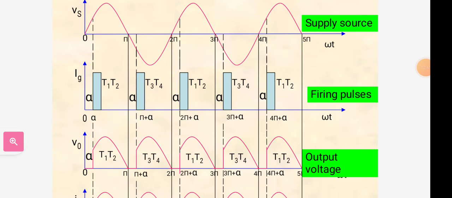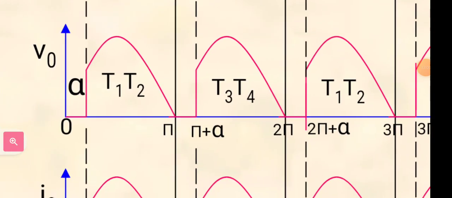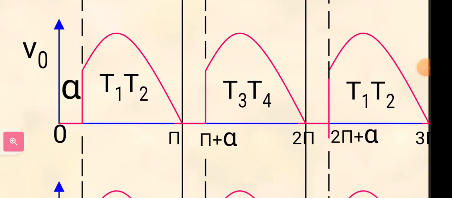The pulses will be applied at alpha, pi plus alpha, 2 pi plus alpha, 3 pi plus alpha and 4 pi plus alpha. And the output voltage: after some delay angle alpha, thyristors T1 and T2 will conduct and it goes to the maximum value of the voltage and falls to 0 at pi.